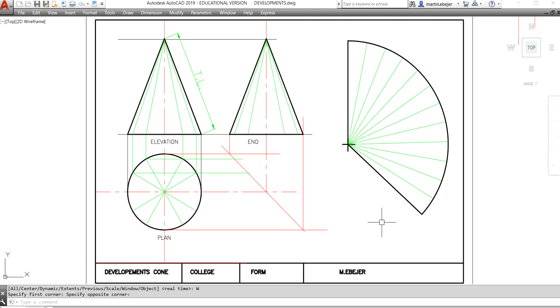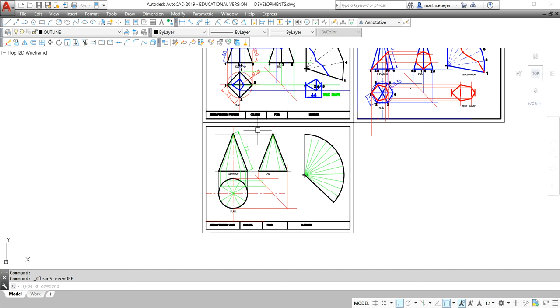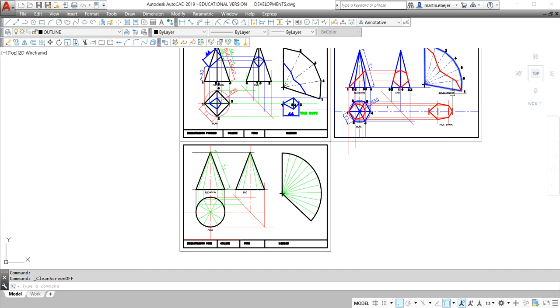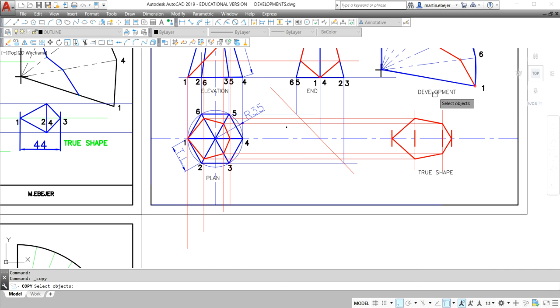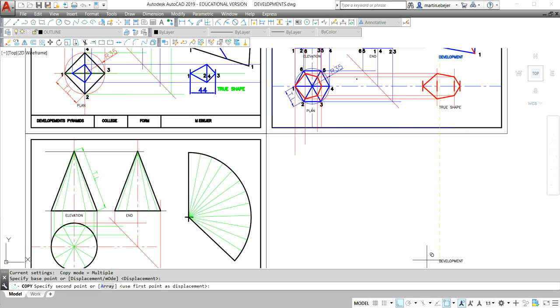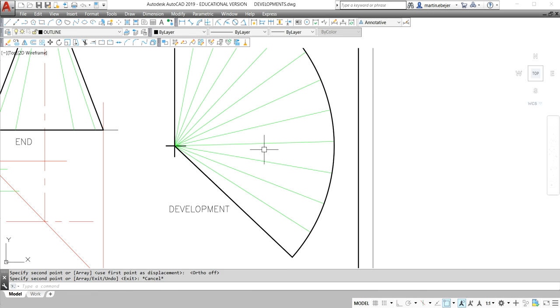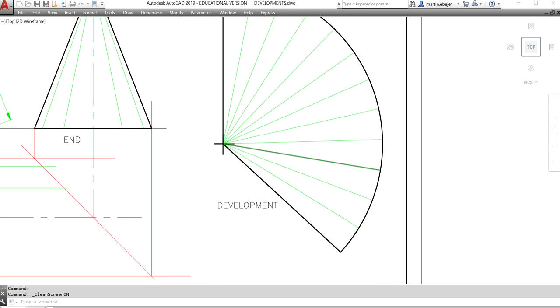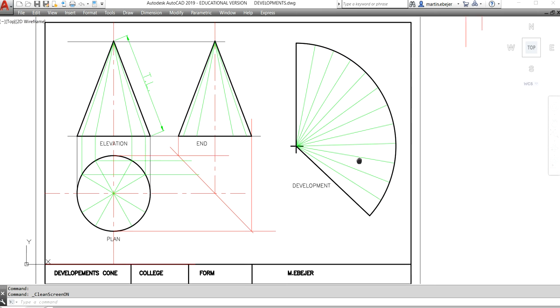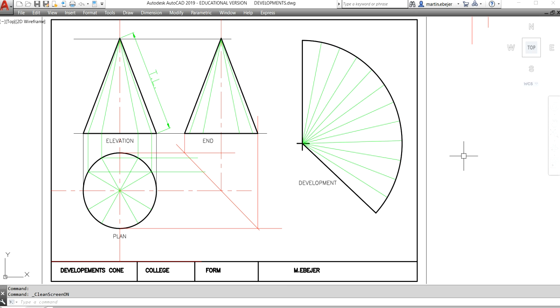We have the elevation, we have the end view, and we have the surface development. Ideally, we write the description underneath the drawing. Okay, which is like that. Take your time to follow this drawing and design it on your drawing board accordingly. Thank you.